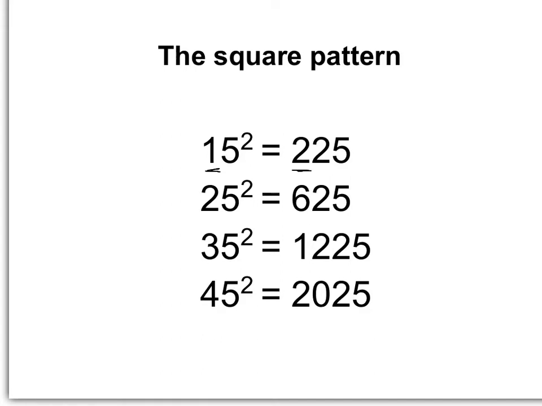I have a 1 and I have a 2 here. 25 squared is 625. I have a 6. 35 squared equals 1225. I have 12 here. And 45 squared is 2025.